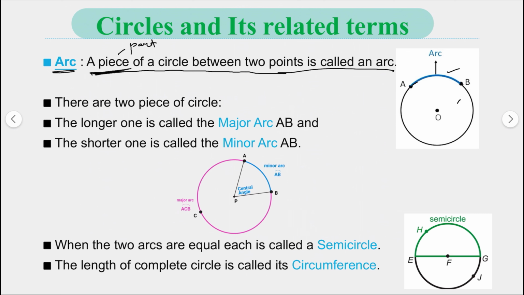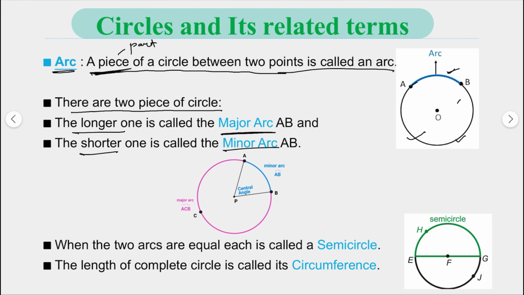So there are 2 pieces of circle. Once you mark 2 points, those 2 points will divide the circle into 2 parts. As you can see, this one is slightly smaller than the second one. The longer one is called the major arc, that is major arc AB, this one, and the shorter one will be called the minor arc, this one.